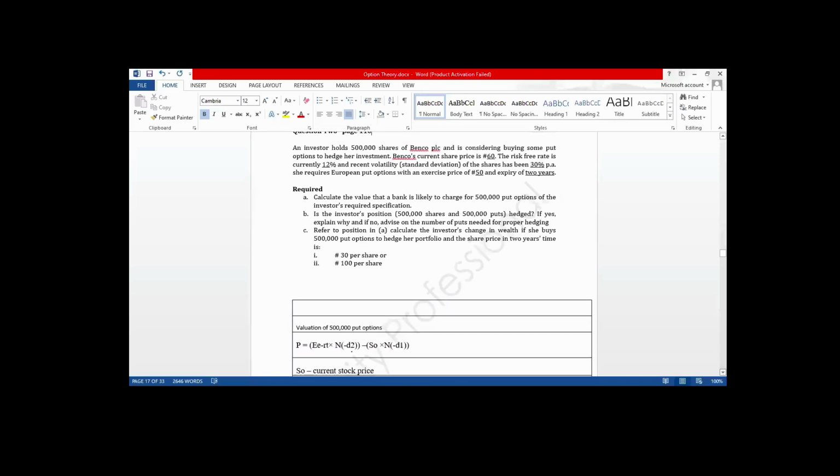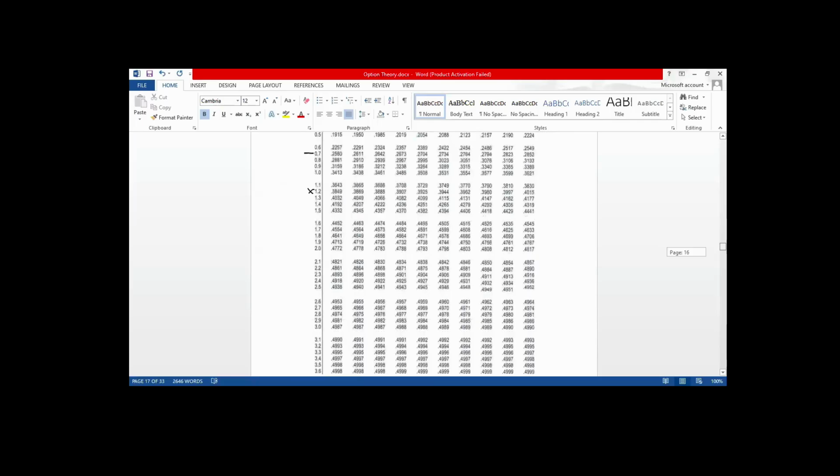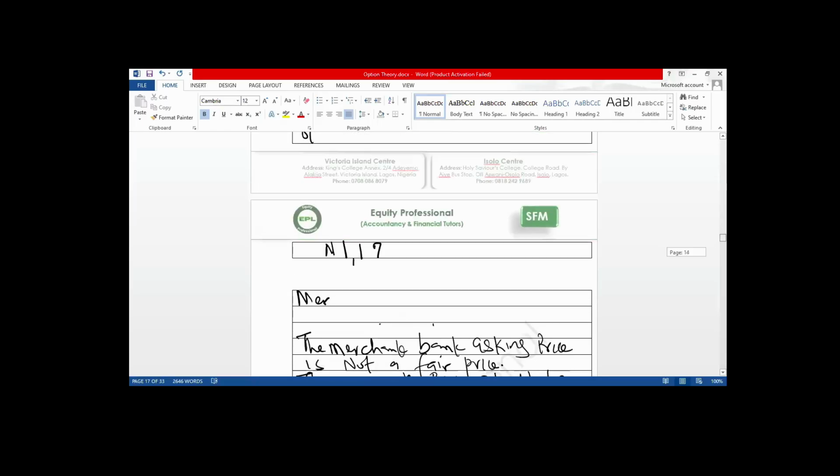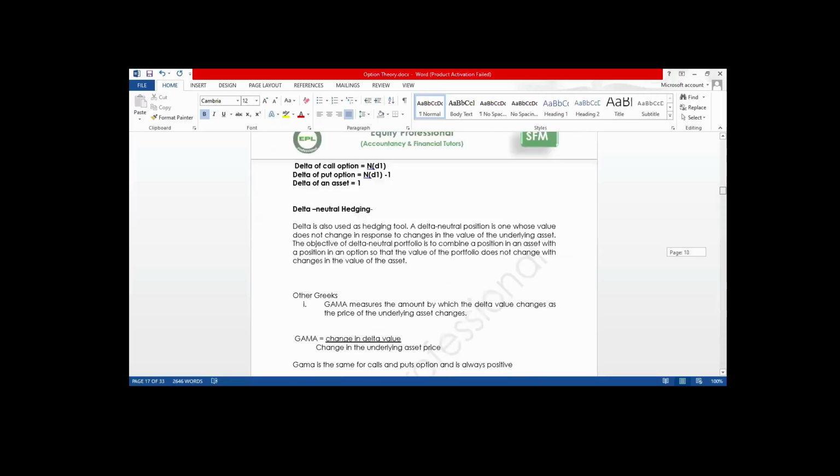So I want to use the approach of call option so as to also teach. I'm going to copy the formula for call option.